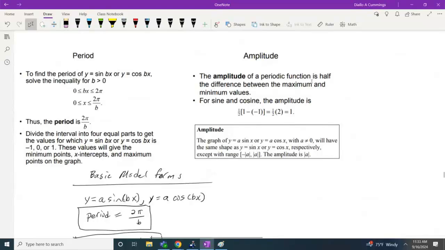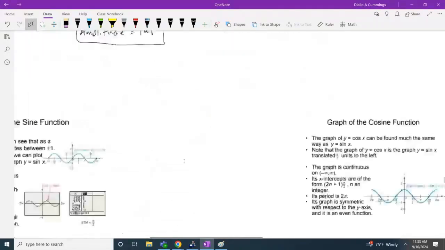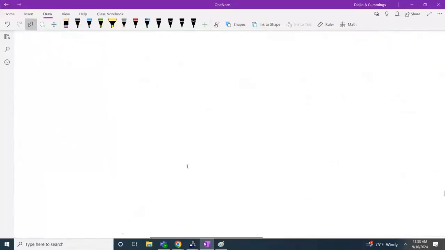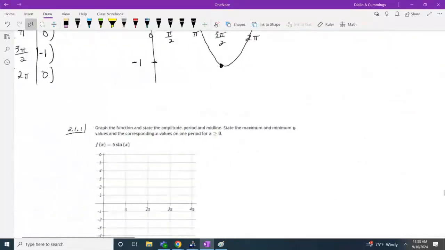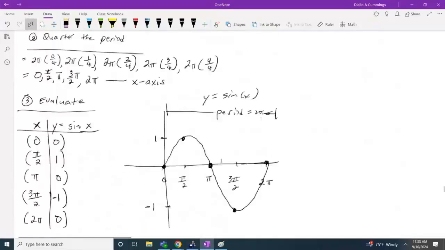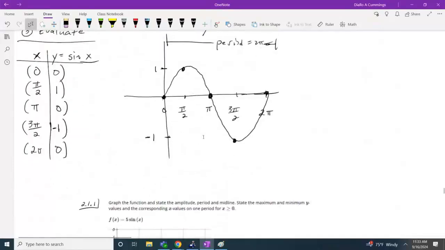This says the amplitude of the periodic function is half the difference between the maximum and minimum values. Right? So if I were to look at my graph, and if I were to look at the maximum or the highest point on my graph, notice that this goes up to 1.